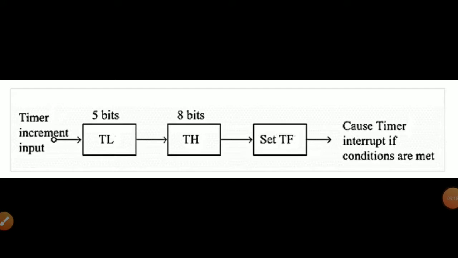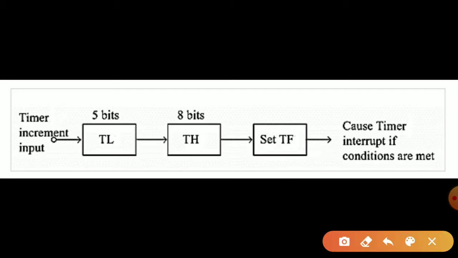As seen in the mode of this timer selector table, the timer can be operated in 4 possible modes. In mode 0, the timer operates as a 13-bit timer, wherein the lower byte will be using only 5 bits for the counting process, and the higher byte will be using the full 8 bits, totaling up to 13 bits here.